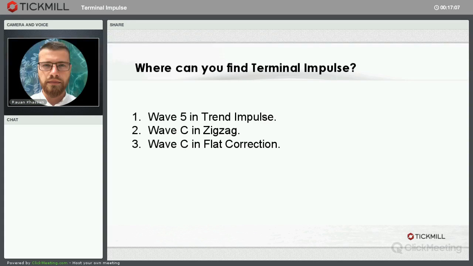That means the terminal impulse is always the last wave in bigger wave models. In particular, it could be wave 5 in trend impulse, wave C in a zigzag, or wave C in a flat correction. You cannot find or identify terminal impulse in any other place in wave models.